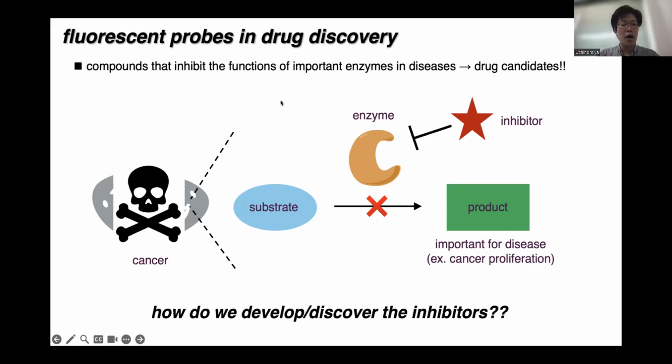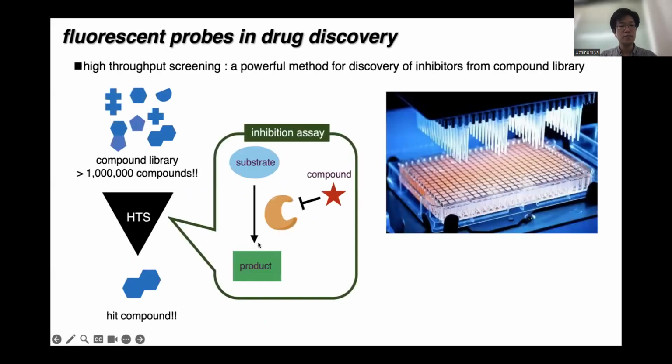However, how do we develop or discover such inhibitors? High throughput screening is a powerful method for discovery of inhibitors from a compound library. In this research field, a compound library contains a huge number of compounds.